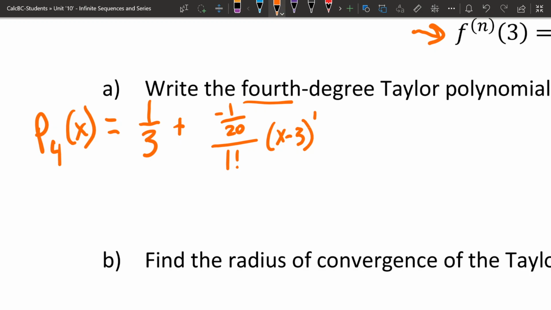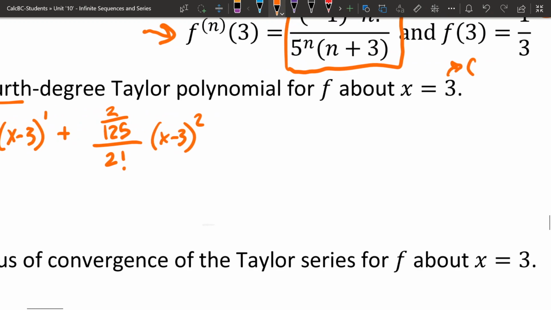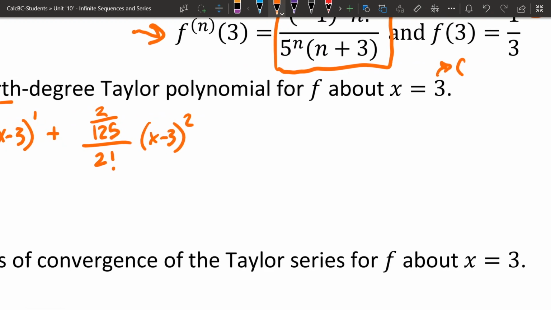So I'll go ahead and put that 1 exponent up there too. Next term, that second derivative, which was 2 over 125 over 2 factorial times x minus 3 squared. And the last two terms, that negative 6 over 750 over 3 factorial times x minus 3 cubed.